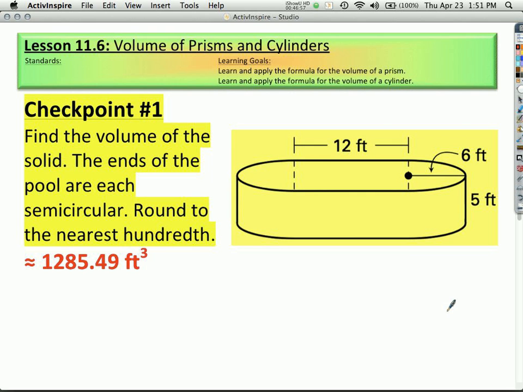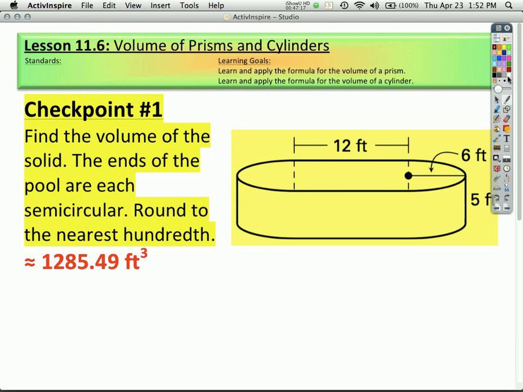The left side has the form of a circle, so to get the area of that, it'll be pi r squared, and you'll get 36 pi. Very good. I love how you said that.